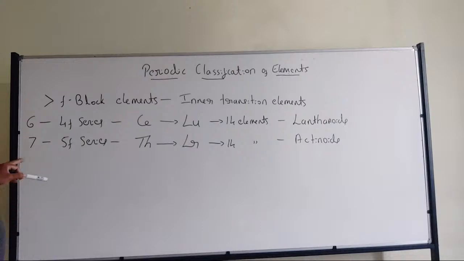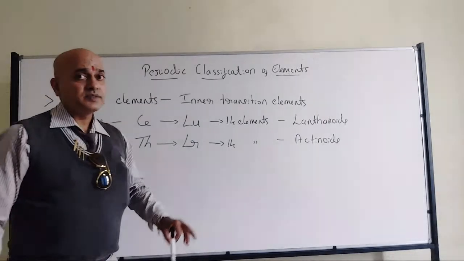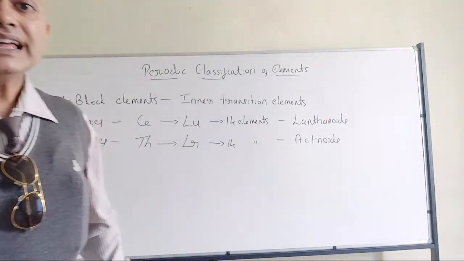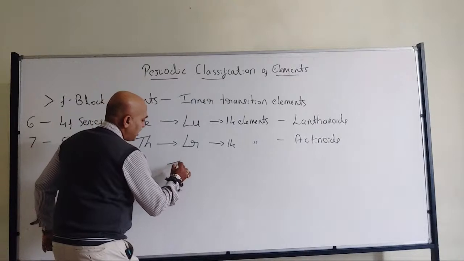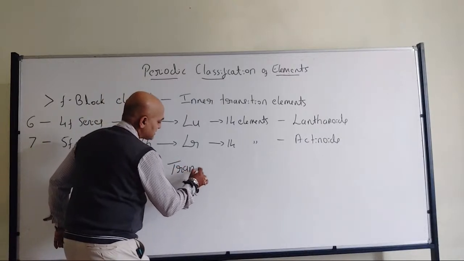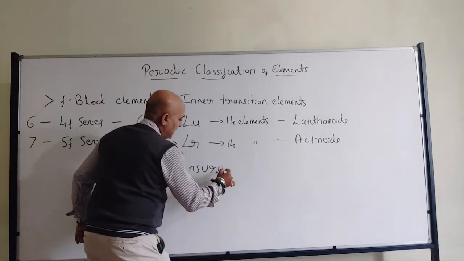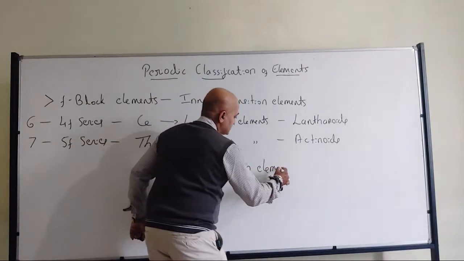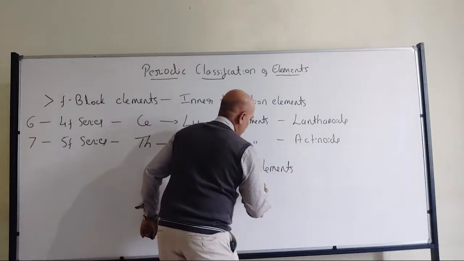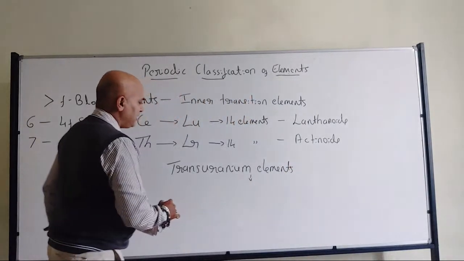Now when it comes to actinoids, all of them are radioactive elements, and that's where we have transuranium elements. What do you mean by transuranium elements?